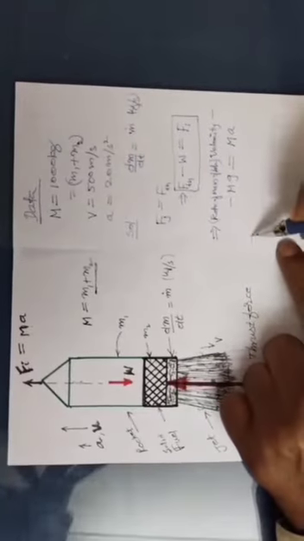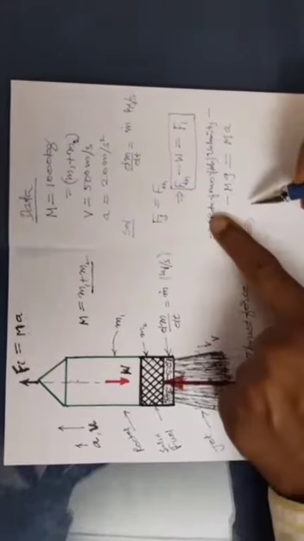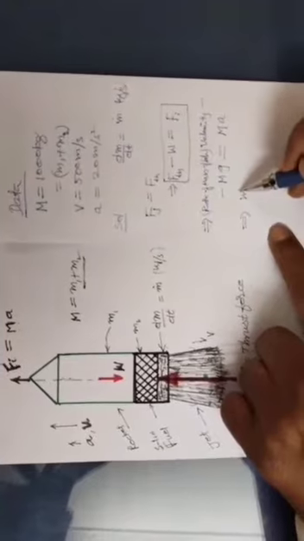So you can write this as m dot into v, the velocity of the jet, minus mg is equivalent to ma.